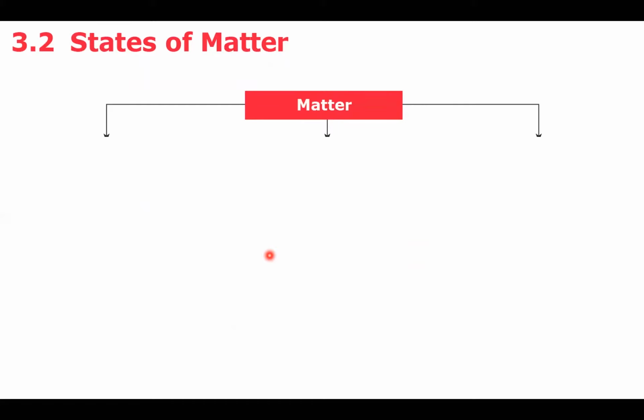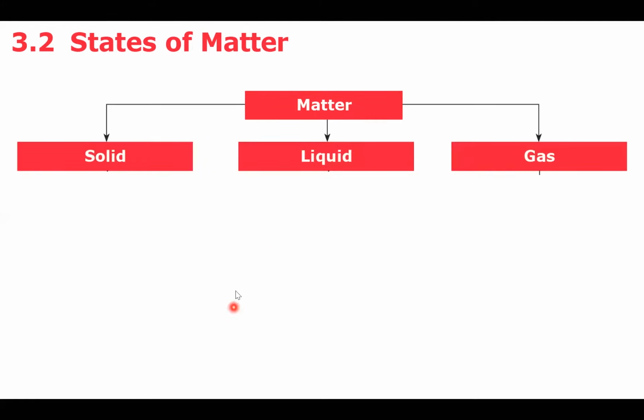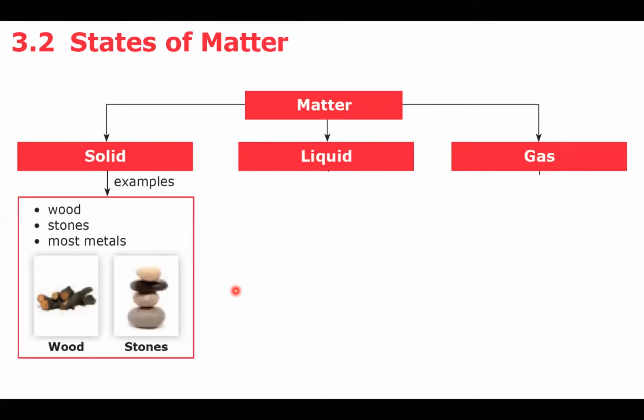Now, there are different types of matter. So there are 3 groups of matter. We call these groups states of matter. So matter comes in 3 types. So these are solid, liquid, and gas. You have probably seen these words before. What is a solid? So examples of solids are wood, stones, metals, the book, your body.